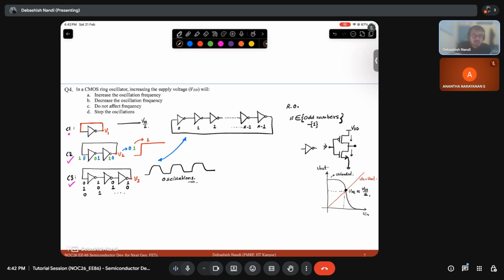This is because if you read oscillation basics and something called Barkhausen's principle, you can easily see that for the oscillation to sustain, there has to be some delay element in the feedback path. So in this case, let's say this is my output, this is my input, and this is the delay element.